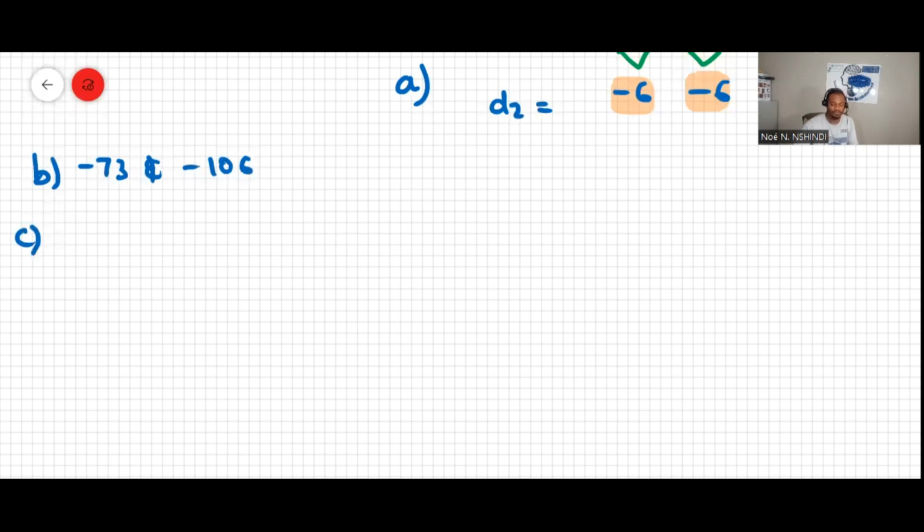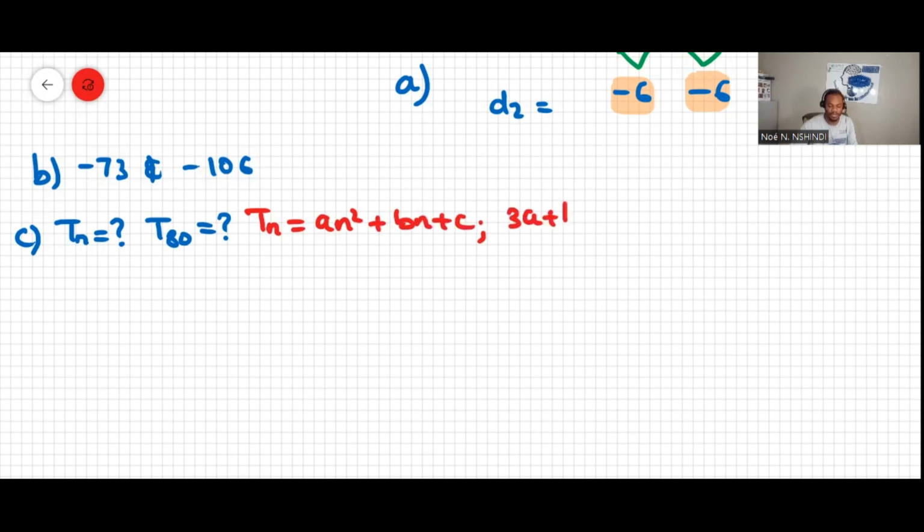We're looking for the nth term, Tn, and we're also looking for T80. Now we know that Tn is given by an squared plus bn plus c, and we also know that 3a plus b equals T2 minus T1, and a plus b plus c equals T1.